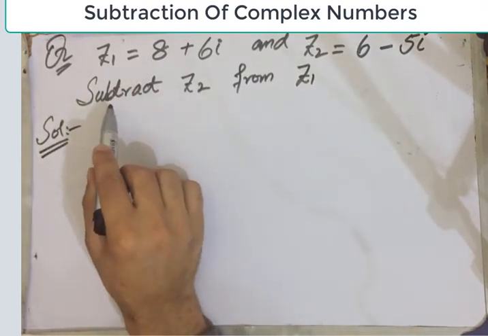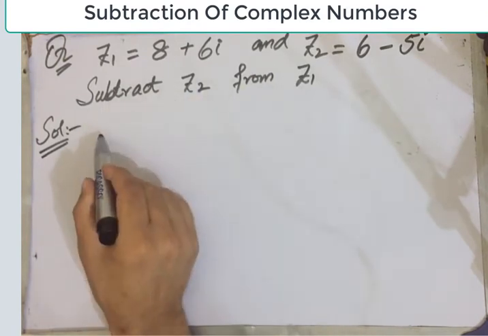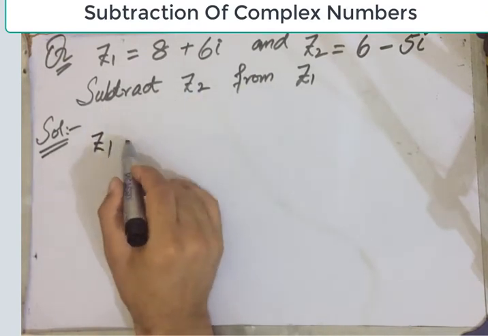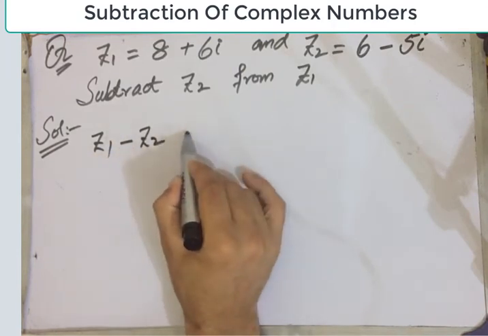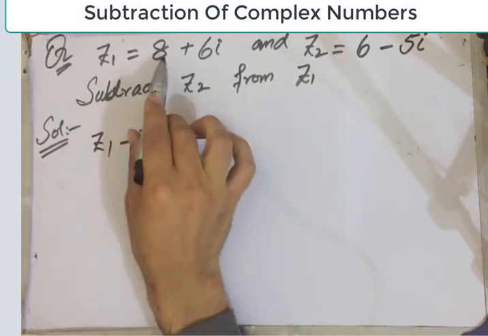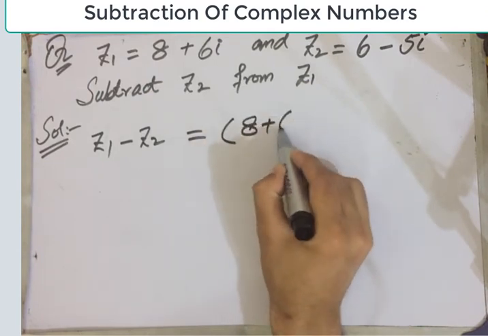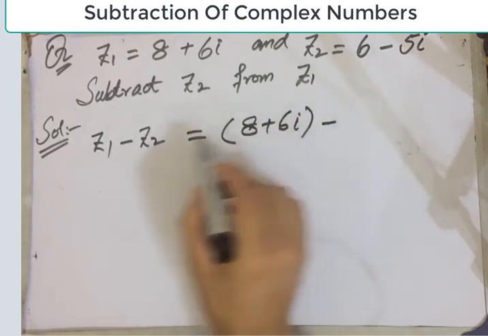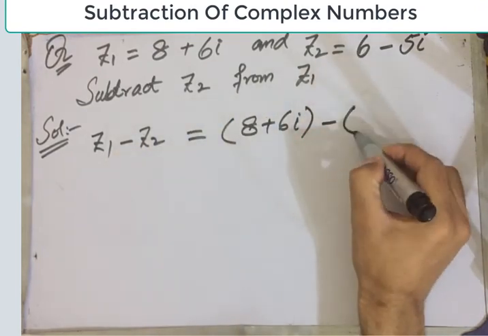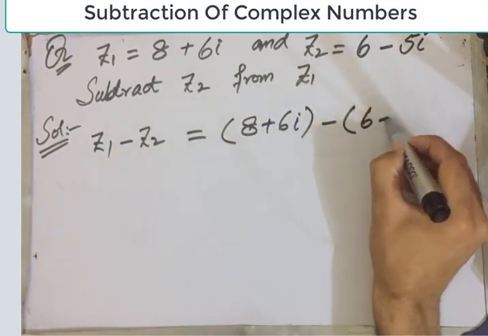Given that in the question subtract Z2 from Z1, we will write first the value of Z1 minus Z2, which is equal to 8 plus 6 iota minus the value of Z2, 6 minus 5 iota.